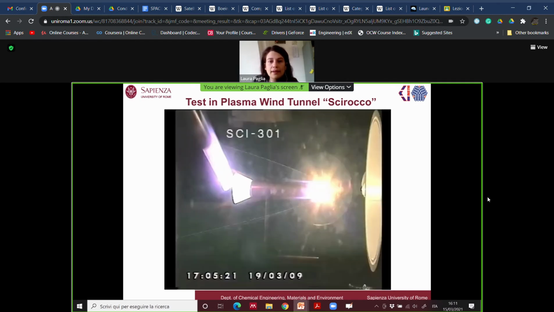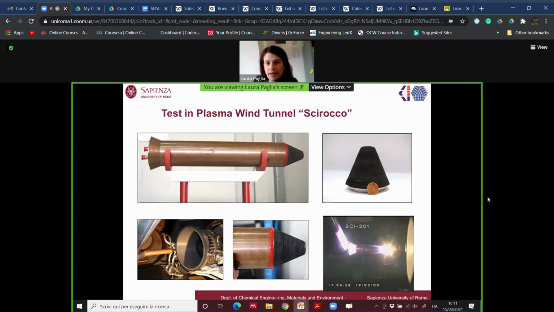You can see that this is the shape and the color of the material before testing.